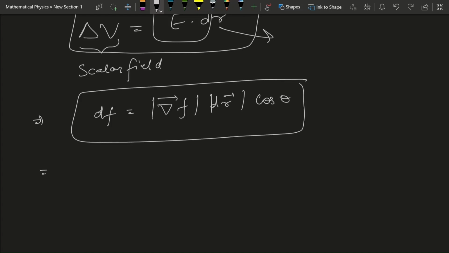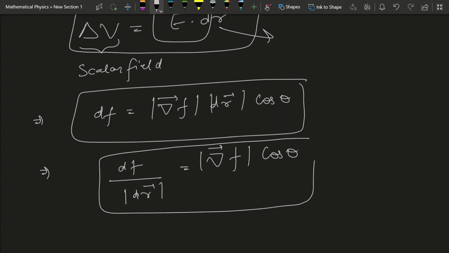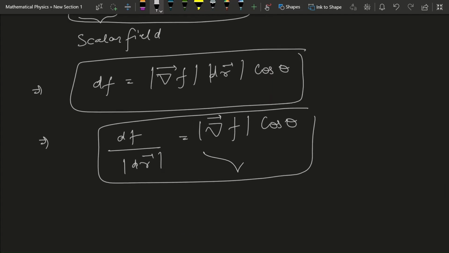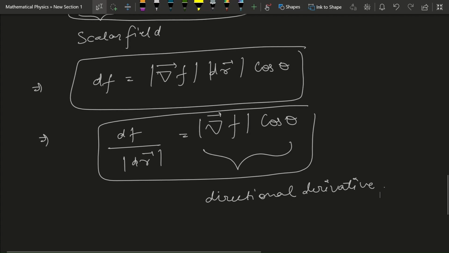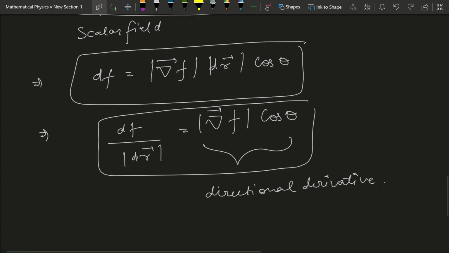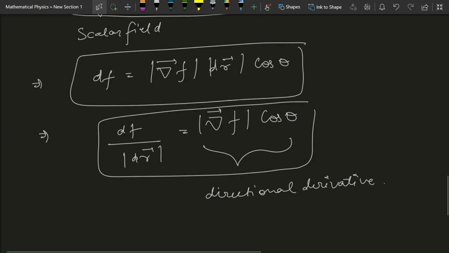I can bring this here, df over dr is this, and this whole quantity is known as directional derivative. We generally introduce directional derivative by the concept of gradient of a scalar field, but I have done it in the reverse sense. I have considered gradient as a special case of directional derivative.